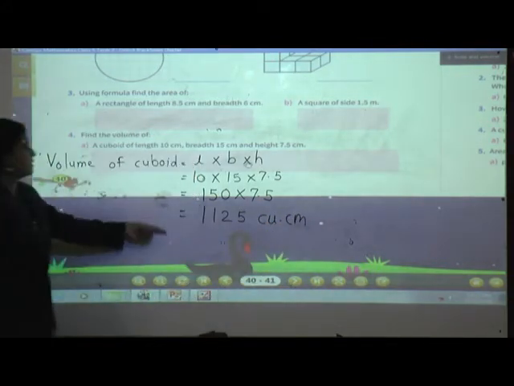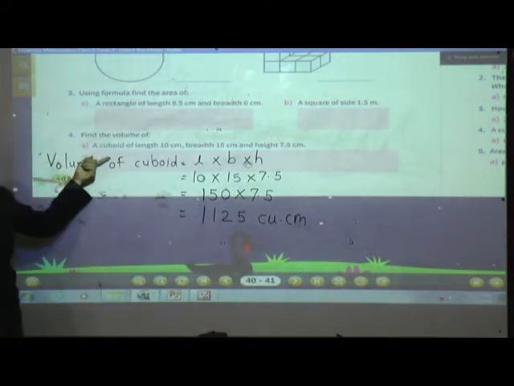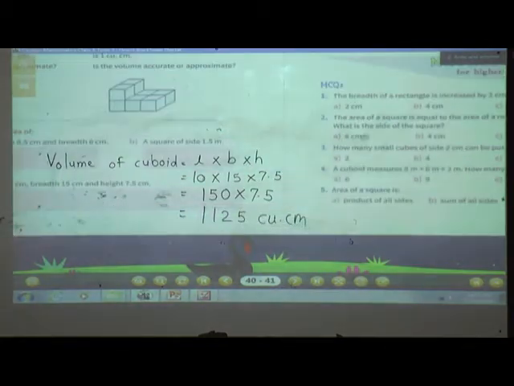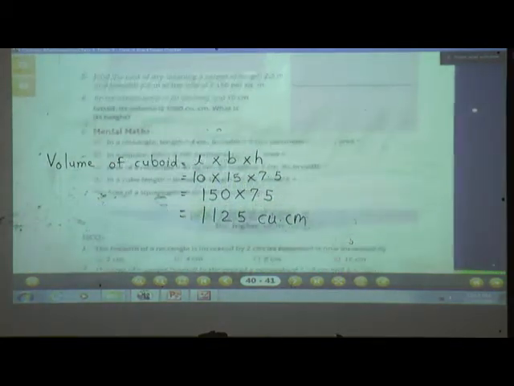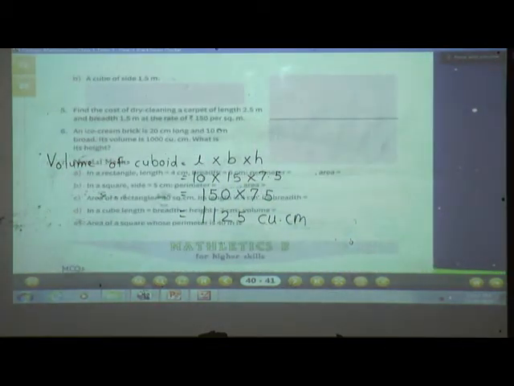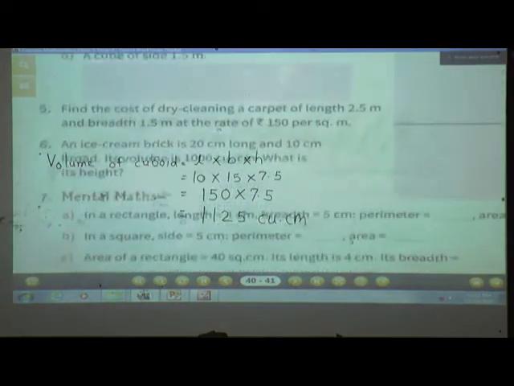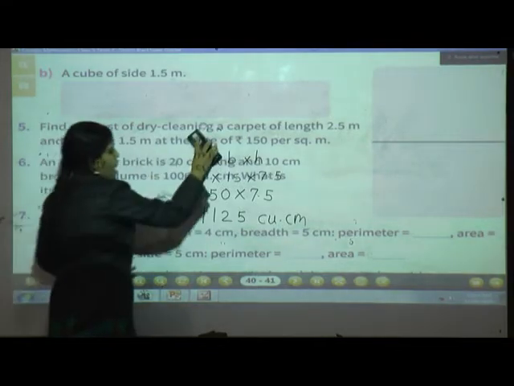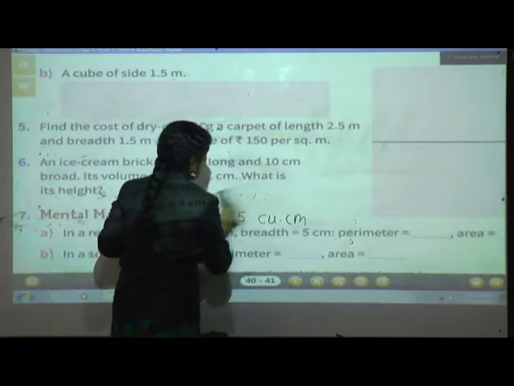So this is the value of the volume of a cuboid. Now we'll see B1. Here a cube of side 1.5 meter. Here is a cube and we have to find the volume of a cube.